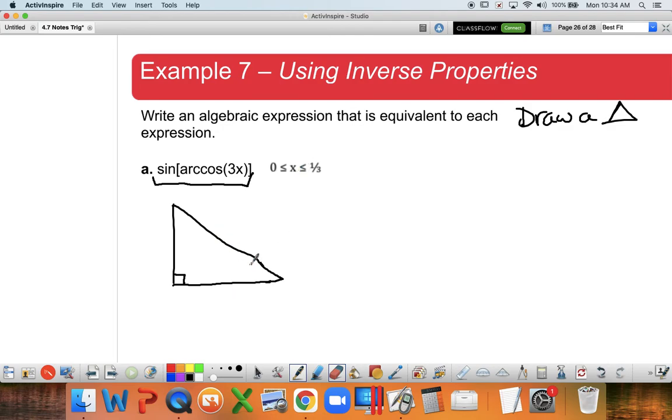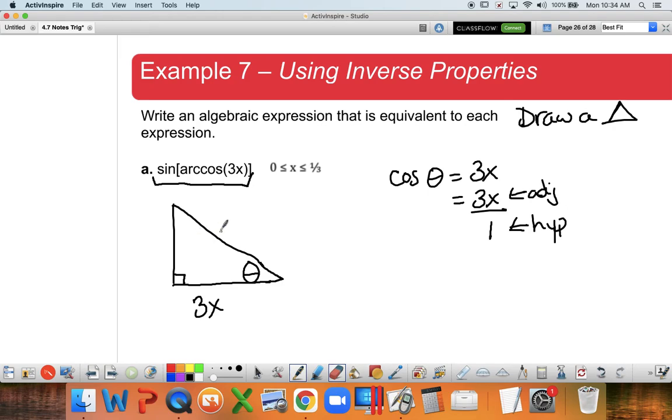So we've got an angle theta, and it has a cosine value, which means adjacent over hypotenuse, of 3x. So if the cosine of theta is equal to 3x, I'm going to write it as 3x over 1. That tells me that my adjacent side is 3x, and my hypotenuse side is 1. Once I have this drawn, I want to figure out what is my missing side.